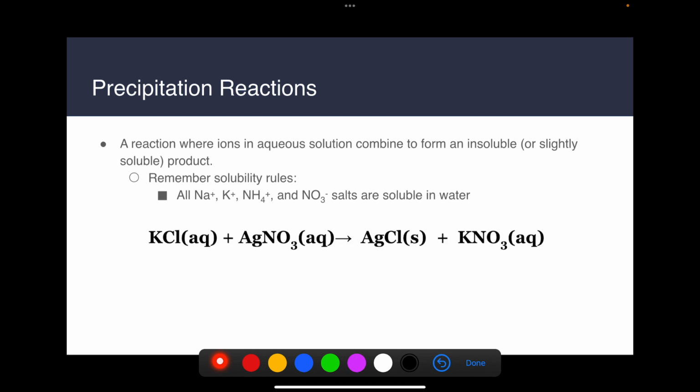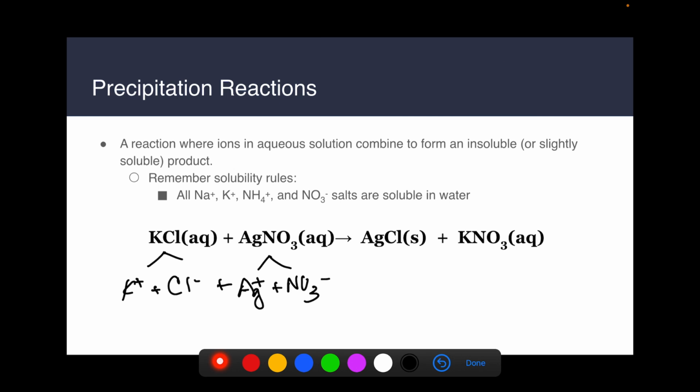So let's consider this reaction here between KCl and AgNO3. Recall that KCl, aqueous, dissociates completely, so it's actually K plus and Cl minus. AgNO3 also dissociates completely. Again, using our solubility rules, potassium and nitrate are soluble, and that's going to give us insoluble AgCl, that's our solid, and dissociated KNO3.